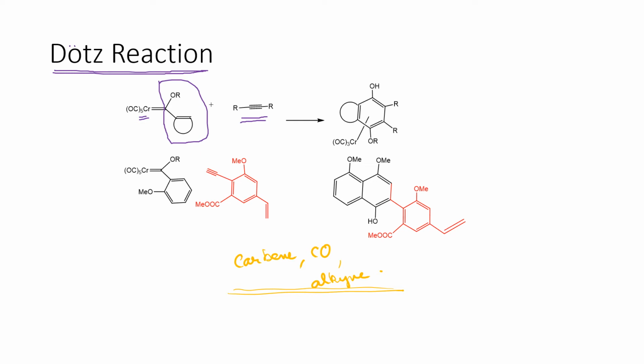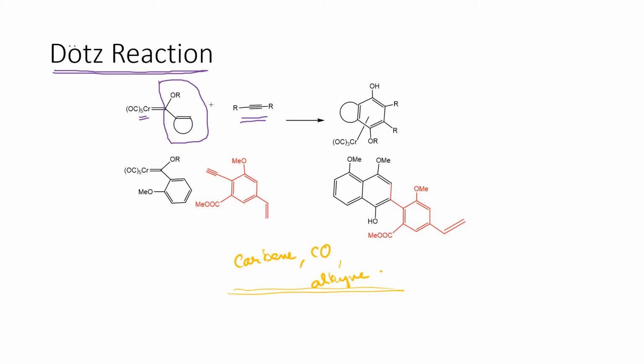You'll soon see why. What you end up with is a system where you have the arene moiety attached to the alkyne with one carbon monoxide, one carbene, and the alkyne.